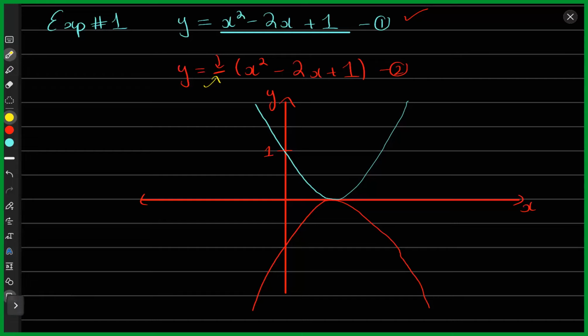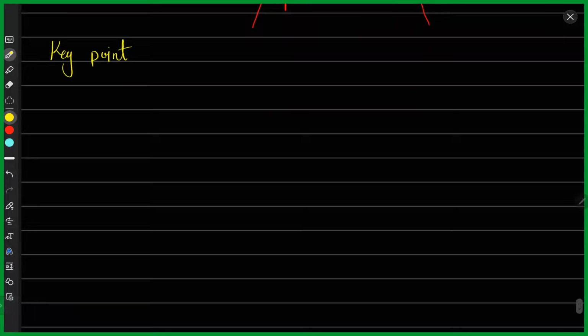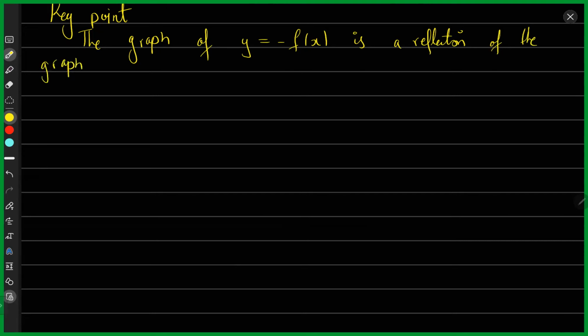Okay, let me just write down the note and then you would understand the idea. Key point is the graph of y equals minus f of x is a reflection of the graph y equals f of x in the x-axis.